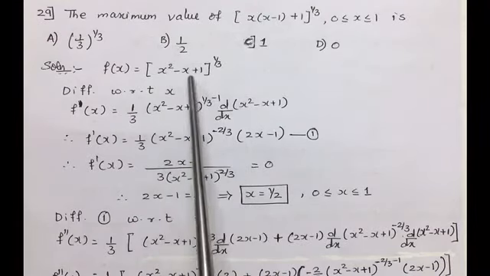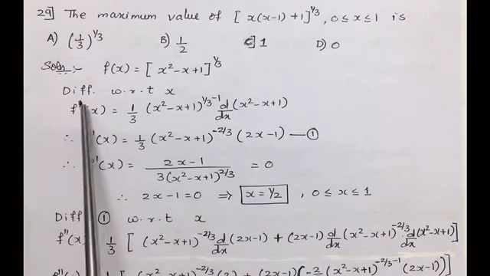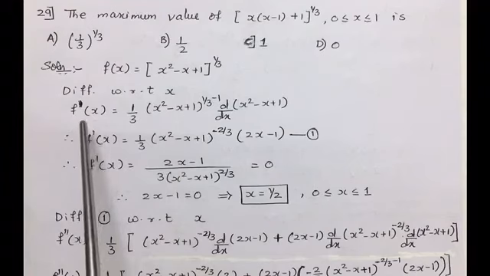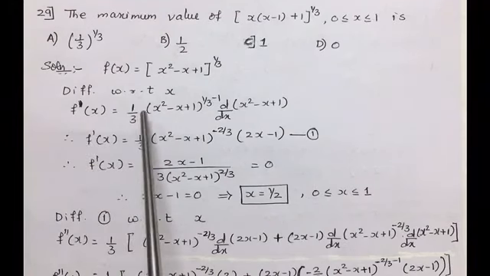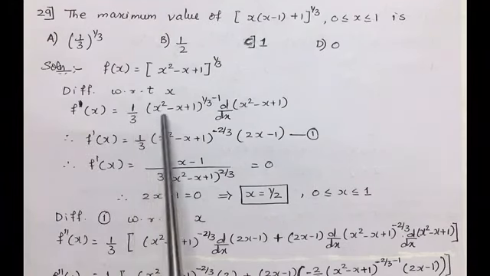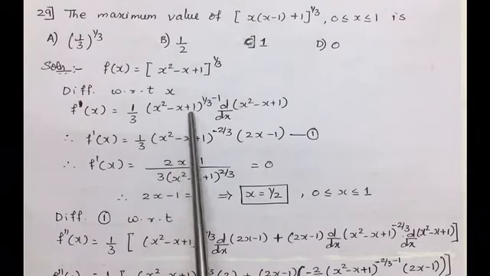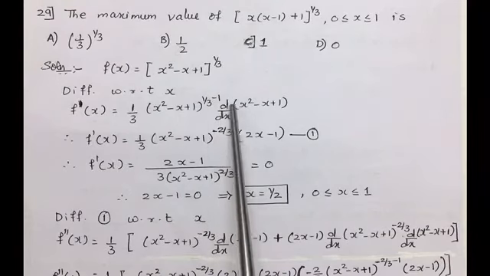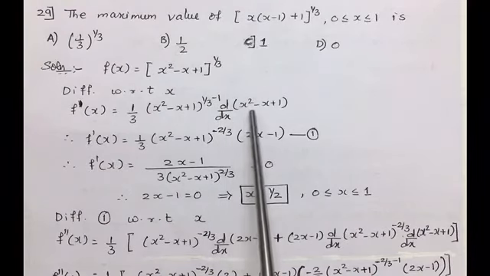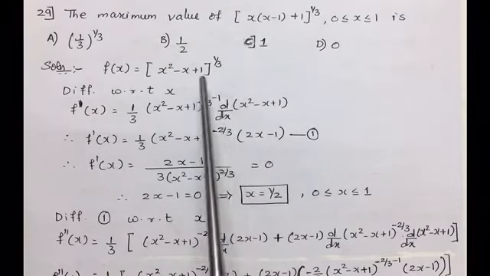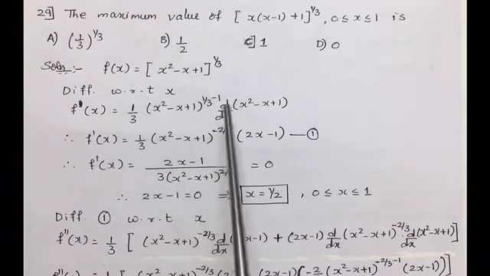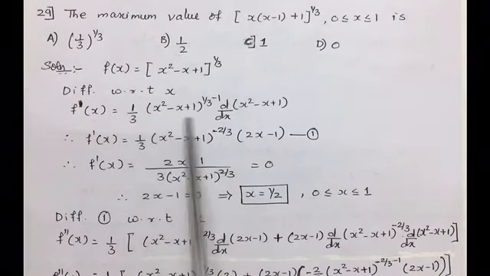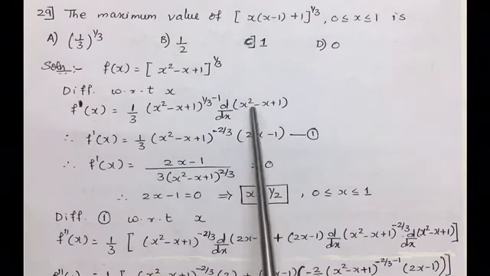Now to calculate the value of x, we will differentiate fx with respect to x. That becomes f dash x is equal to 1 by 3 (x square minus x plus 1) raised to the power 1 by 3 minus 1, and d by dx of (x square minus x plus 1). That means the chain rule is used here. First is the derivative of the power taken up, and then the derivative of the bracket.